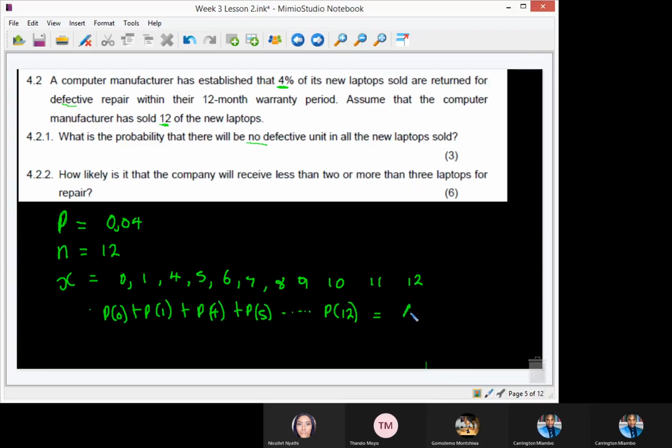Then you get your answer. So is there a shorter way of calculating this? Anyone? If you have time, you can do all this, but you can see that it's a long way.